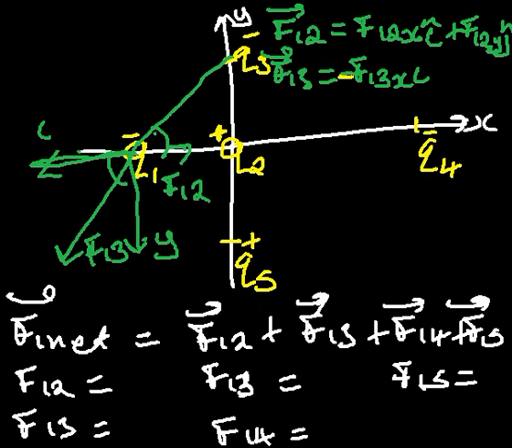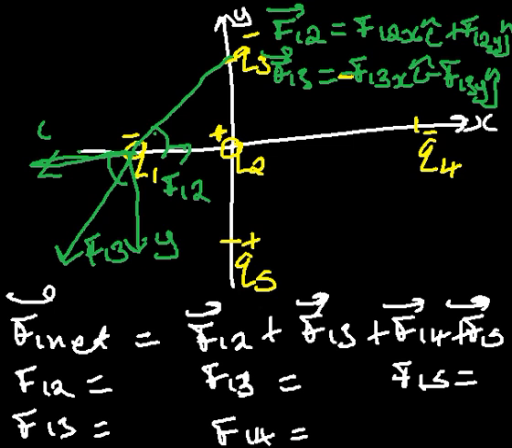The Y component is downwards, so it will also be negative. So make sure that you understand the vector solution. We'll have negative F13y, that is j.